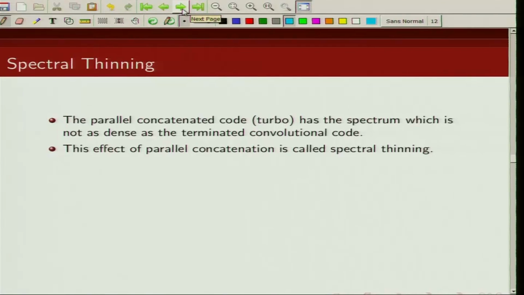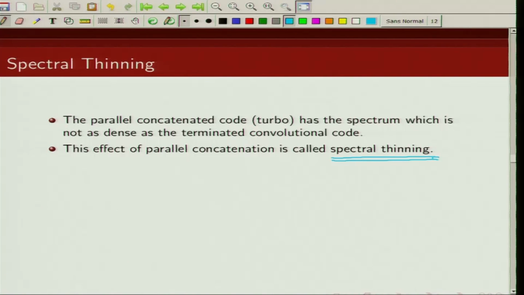This effect of parallel concatenation, where the multiplicity of low weight code words gets reduced, is known as spectral thinning, and this is observed when we use systematic feedback encoders as constituent encoders in convolutional codes.